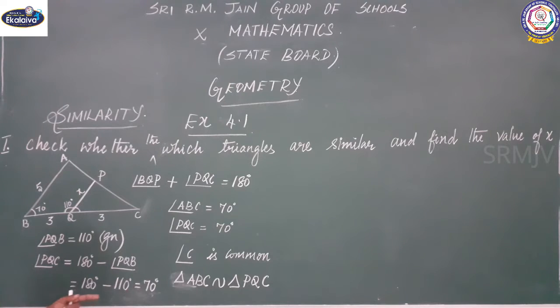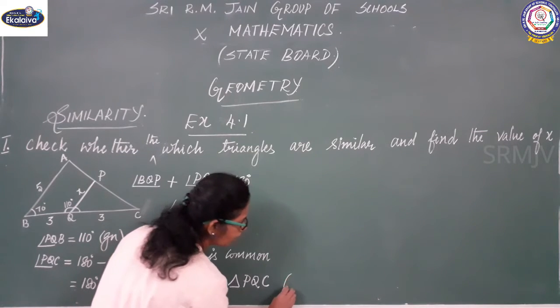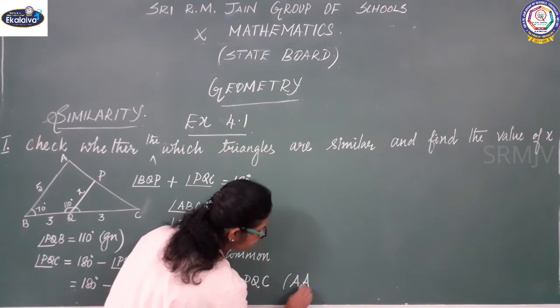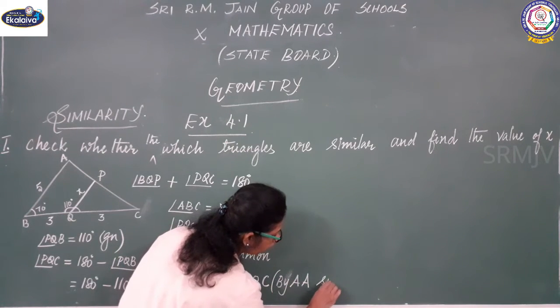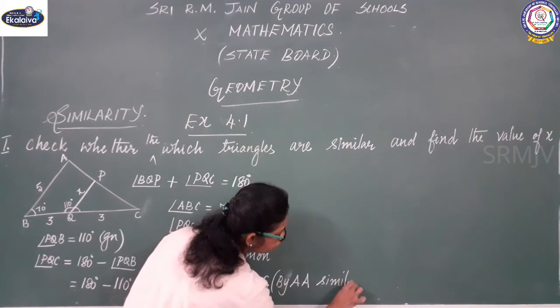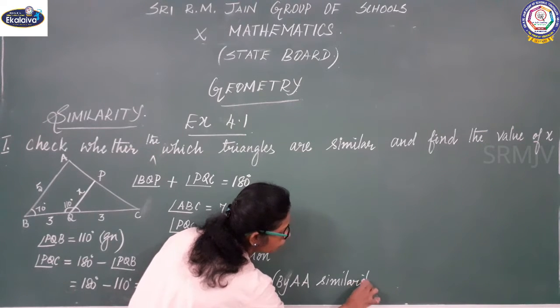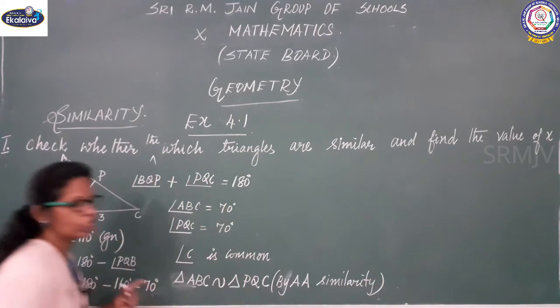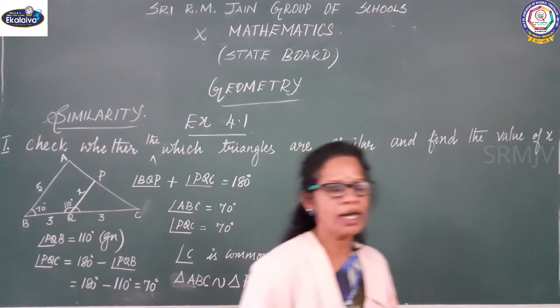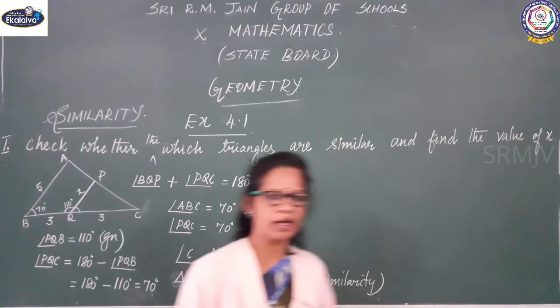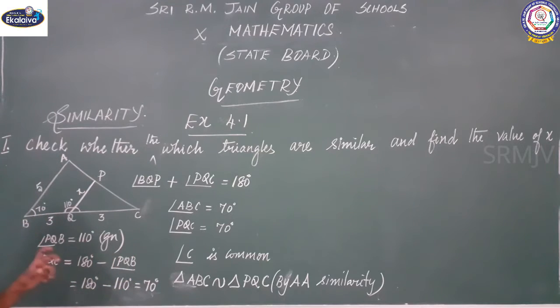How is it similar? By AA similarity. AA similarity means if two angles of a triangle are equal to two angles of another triangle.